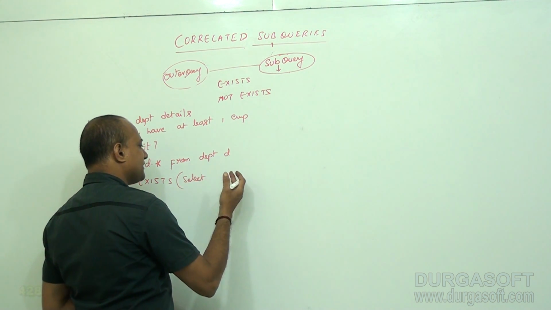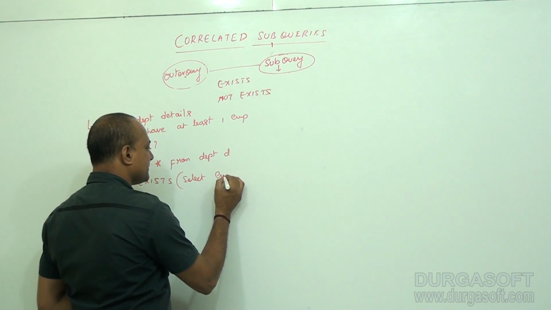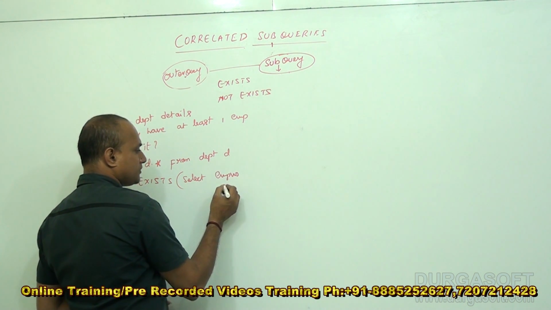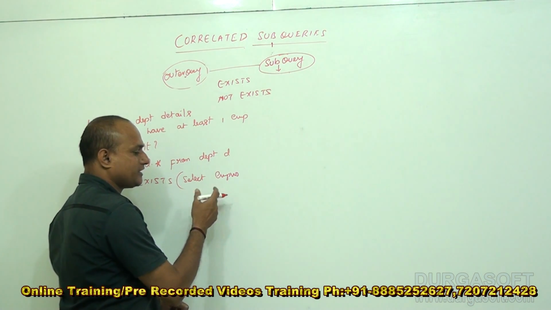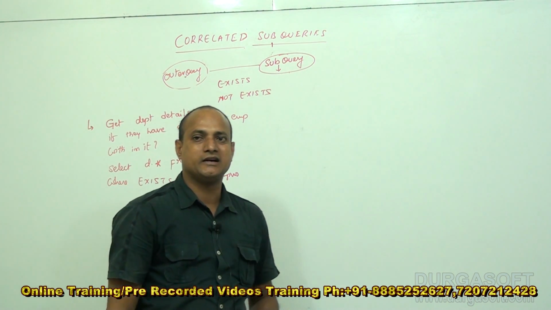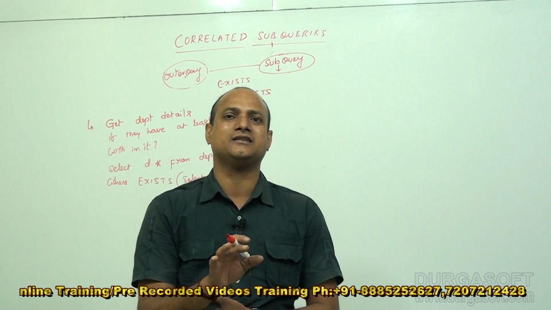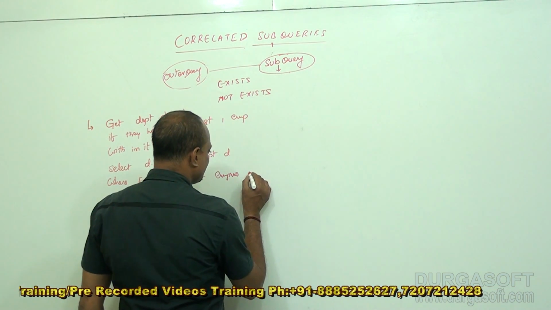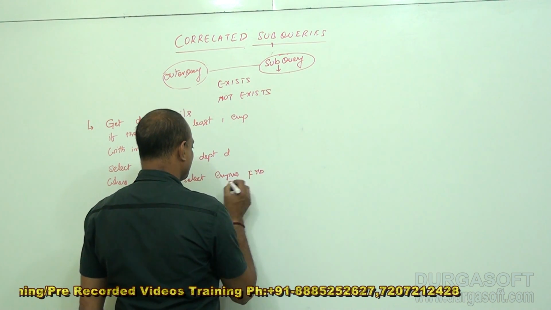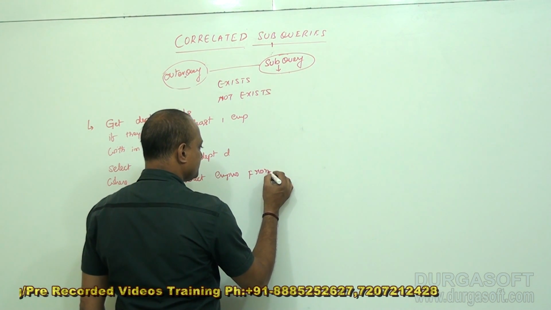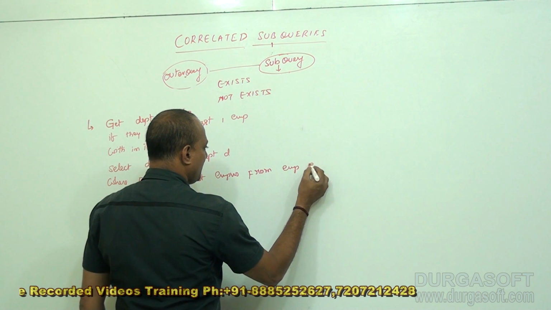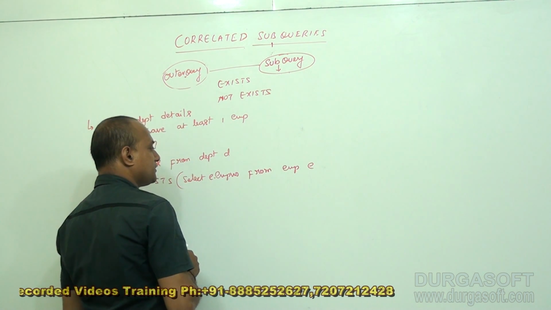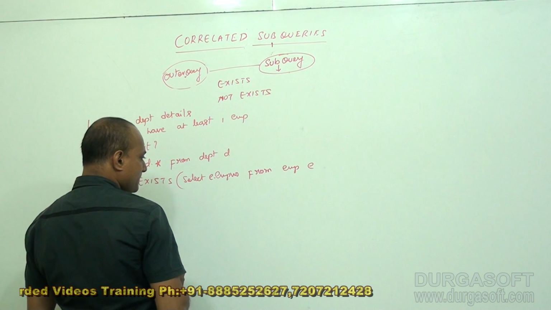If your department has an employee, select his employee number. Not only employee number, you can also use SELECT 1, 2, 3, 4, SELECT 100, 500, 1000, SELECT 10, any value. Select employee number from EMP E. You can also use SELECT E.EMPNO FROM EMP E.